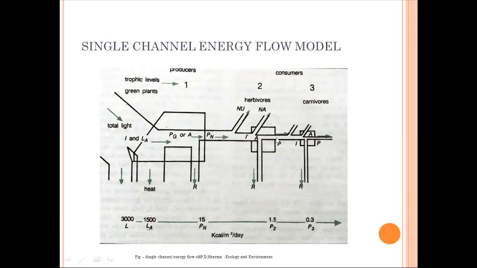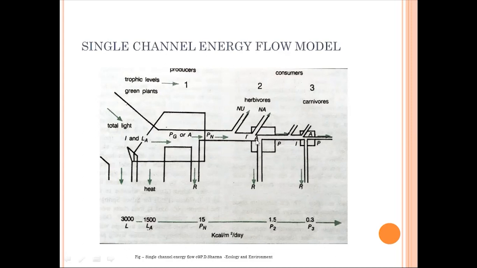You all know that trophic levels are formed due to the feeding habits of the different organisms. So this box represents the producers, this box represents herbivores, and this box represents carnivores. So out of the gross primary production, the energy that enters herbivores is referred to as net primary production.